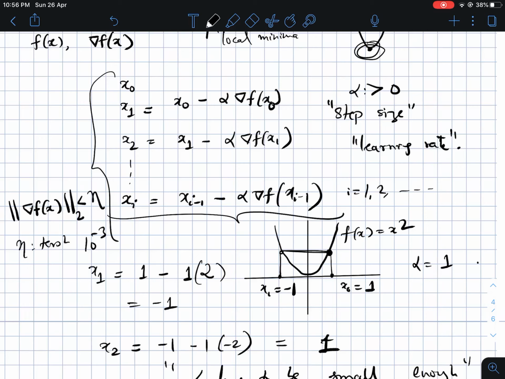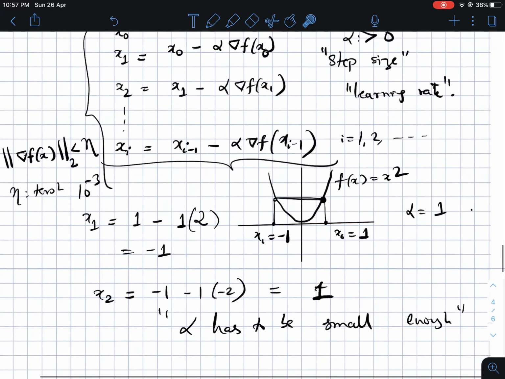There is some argument to be made for stopping gradient descent early in some scenarios. That's for later anyway, right? So you can take some threshold and stop when the norm of the gradient is smaller than the threshold. That's when you stop.